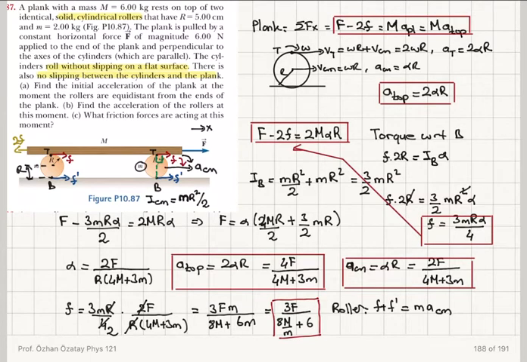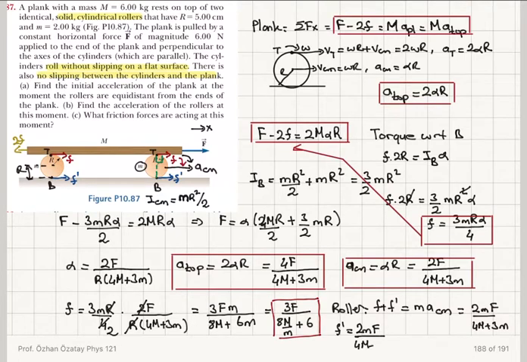So if this rolls like this, so that's what I have assumed, the acceleration of the center of mass will be in the positive direction. So here I can substitute alpha times r for acceleration of center of mass. So this is equal to 2mF over 4M plus 3m.